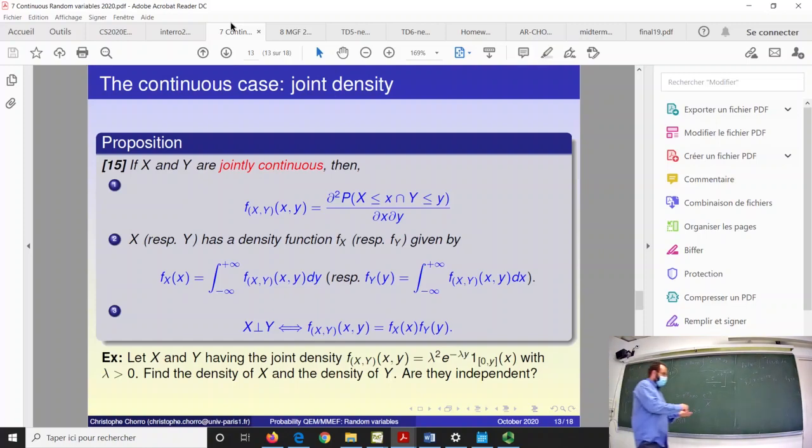Now I can say, without doing computations, that here you have the expectation of an exponential of parameter y. And what is this?